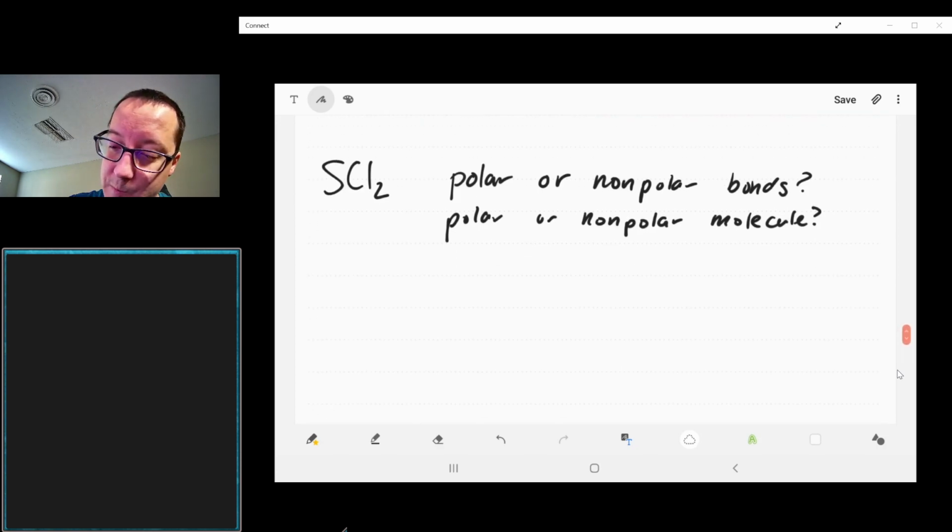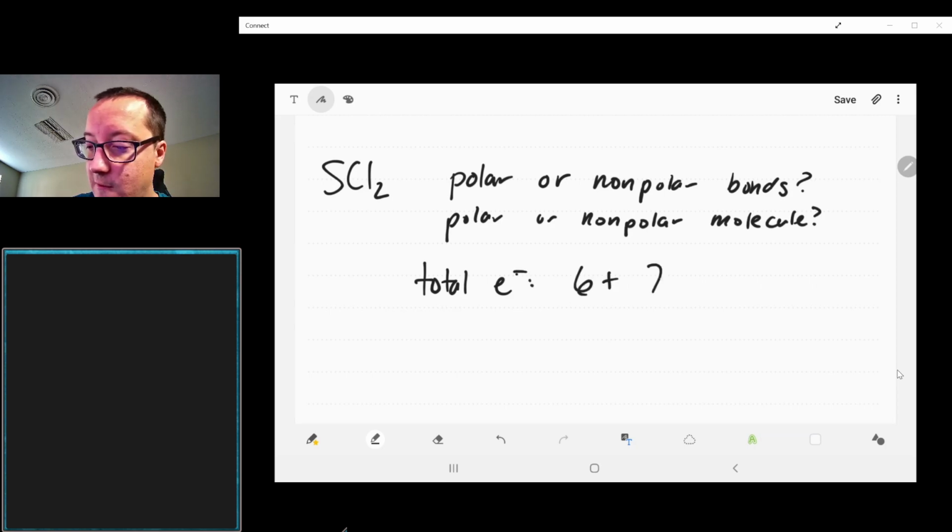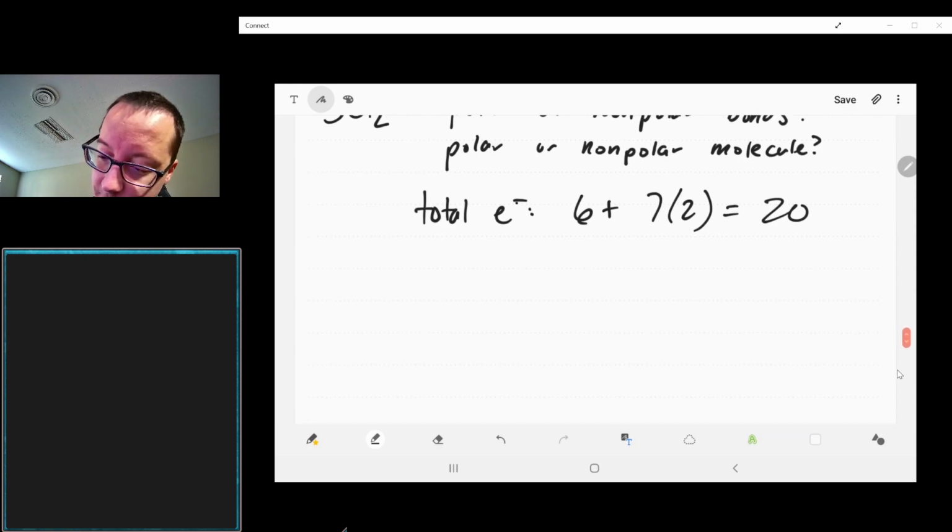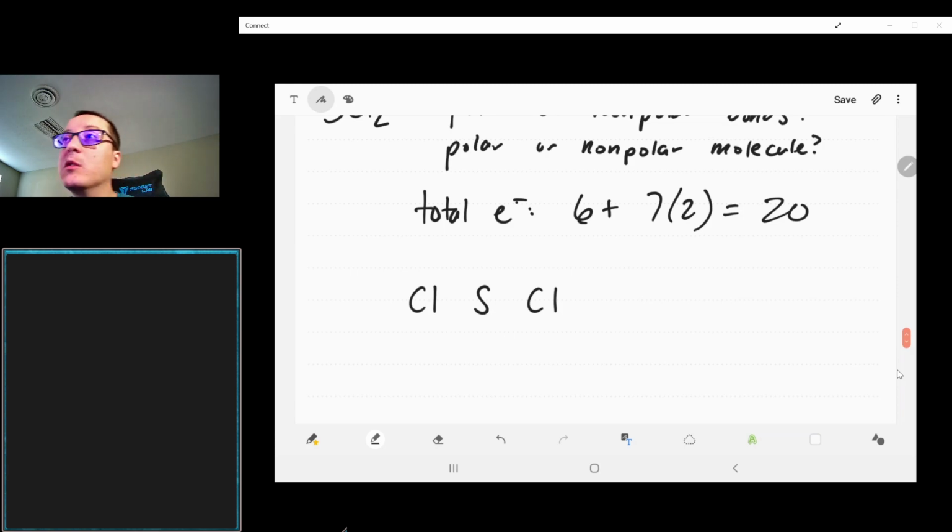So let's go ahead and get the pen out. Let's look at the total electrons here. We should have 6 plus 7 times 2, which will be 20 valence electrons total. We'll put our skeleton in here.